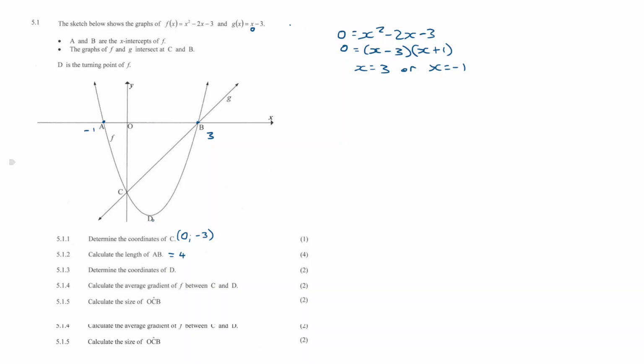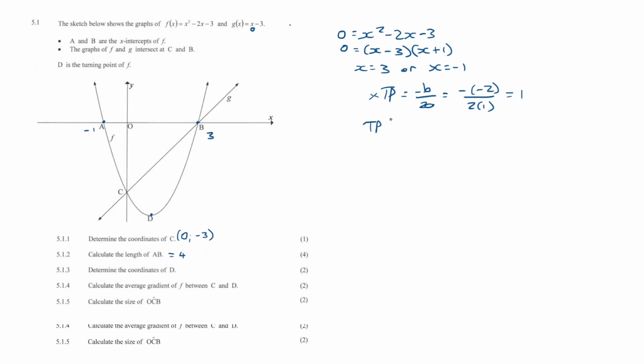Calculate the coordinates of D. That's just your turning point. To get the x value at the turning point, it's -b over 2a. Or if you're in matric watching this video, you could probably do derivative equals 0. So minus b, always keep it in brackets, over 2a. A is the number in front, and if there's nothing, it's 1. That gives you positive 2 over 2, which is 1.